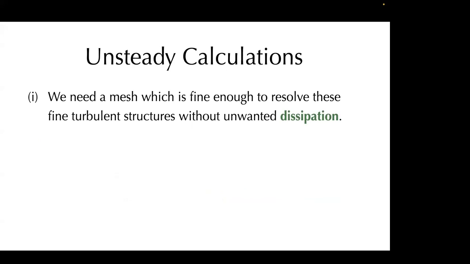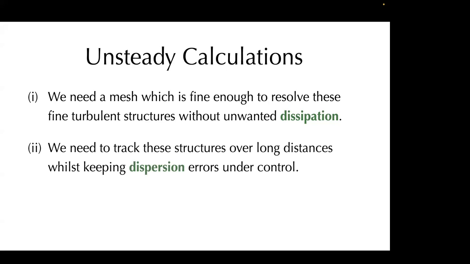In particular, if you want to do a scale resolving simulation, you firstly need a relatively fine mesh, because you need to be able to resolve these small scale turbulent structures without unwanted dissipation. Secondly, in vortex-dominated flows, you need to be able to track these structures over long distances while keeping dispersion errors under control.